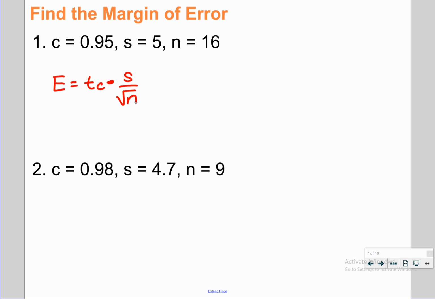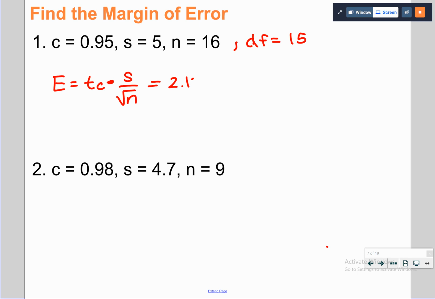My n is 16, so my degrees of freedom is, what's my degrees of freedom? 15. All right, so let's find that on our chart. 95%, 15, 2.131.